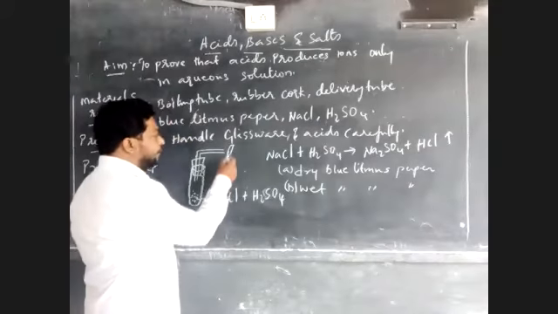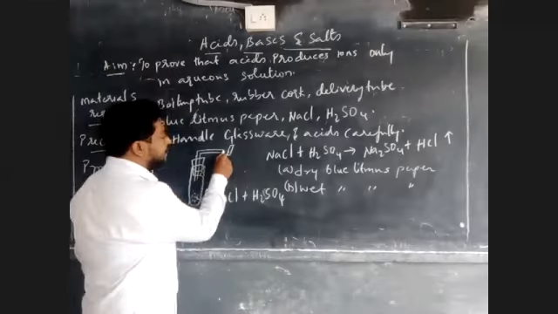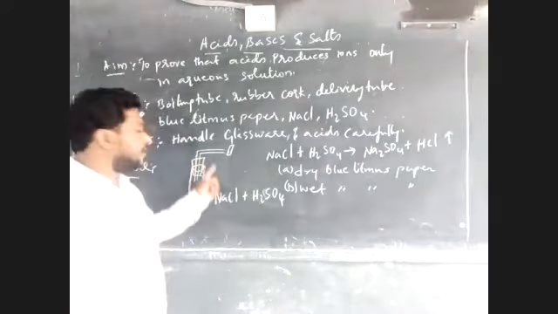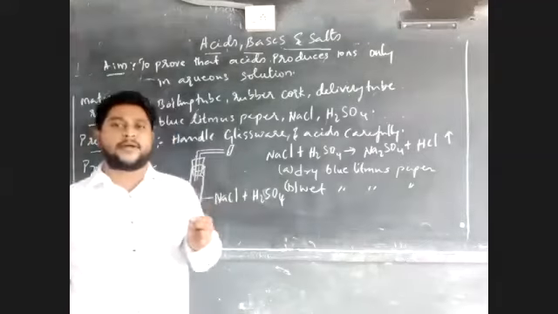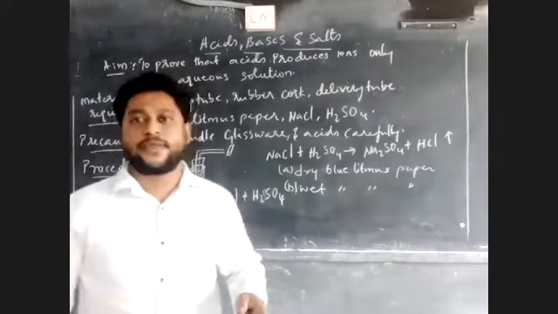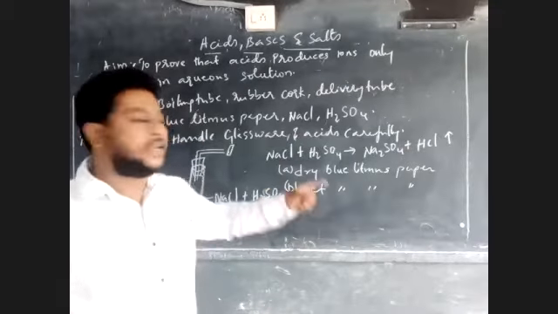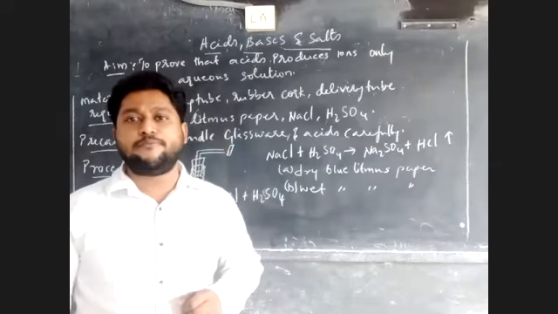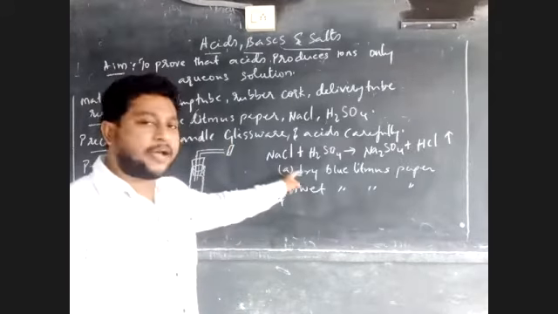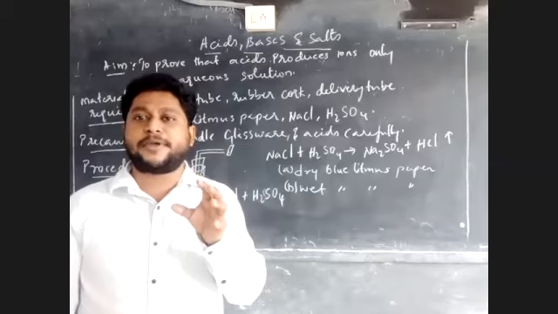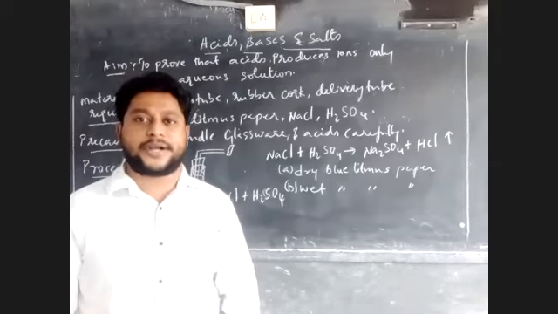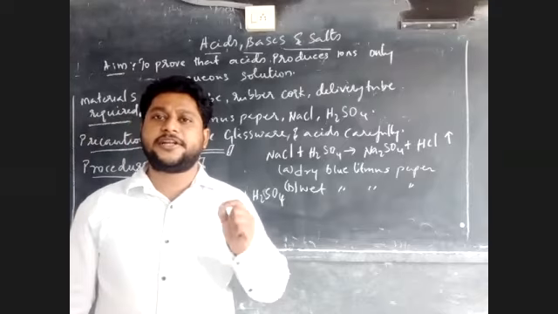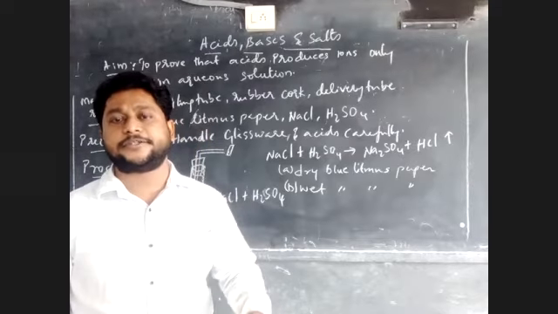When you bring a wet blue litmus paper near the mouth of the delivery tube where the gas is evolved, the wet blue litmus paper turned to red. So in case of dry blue litmus paper, the blue litmus paper does not change its color to red, whereas wet blue litmus paper changes its color to red.